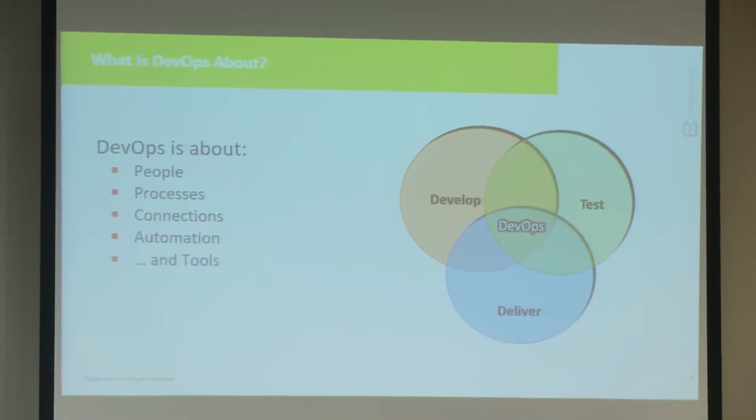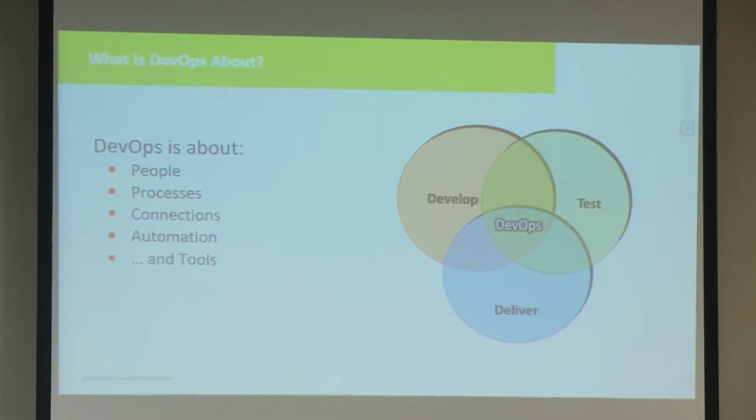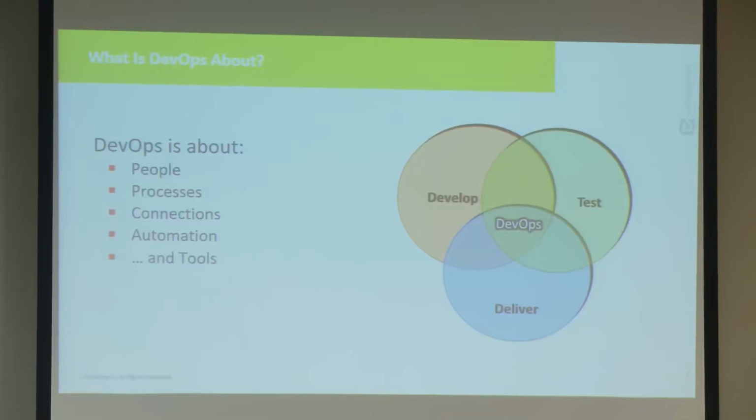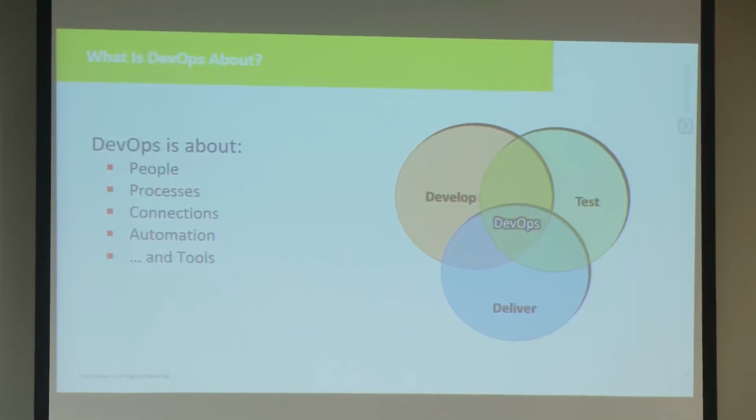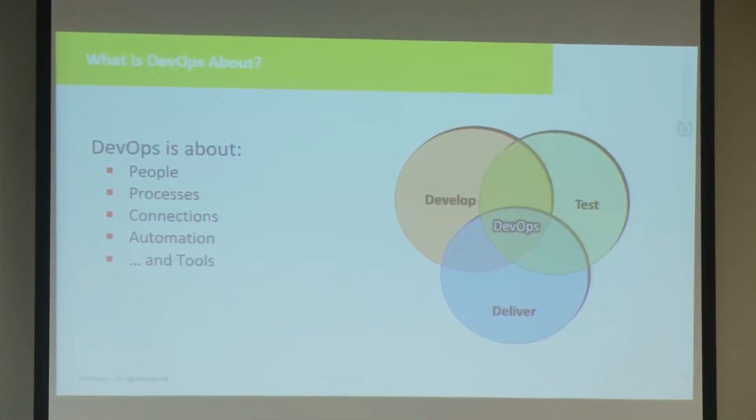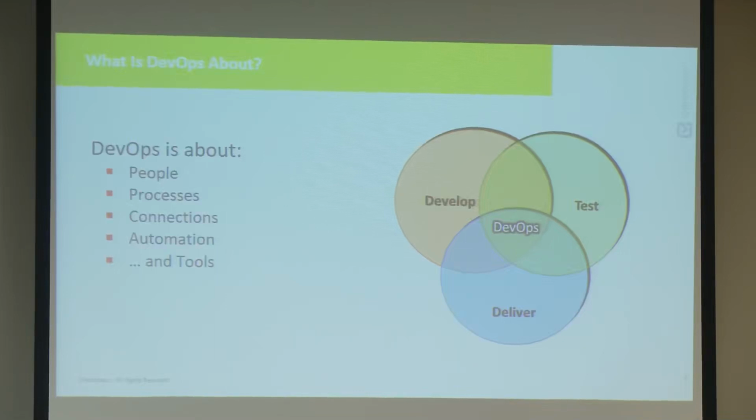The term's been around since 2008, kind of came out of the agile movement, and essentially involves merging software development and software operations. Prior to that, some of us remember that operations IT folks were completely separate from development folks, right? They didn't really talk to each other, and therefore they had different objectives.